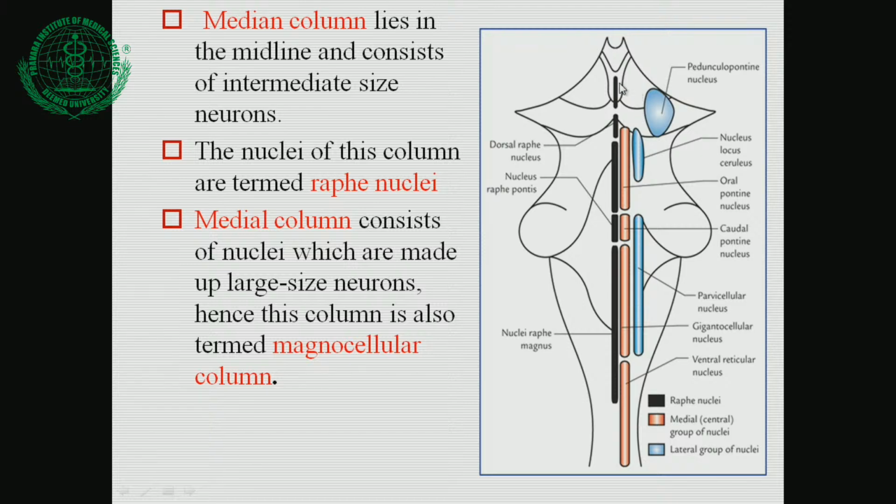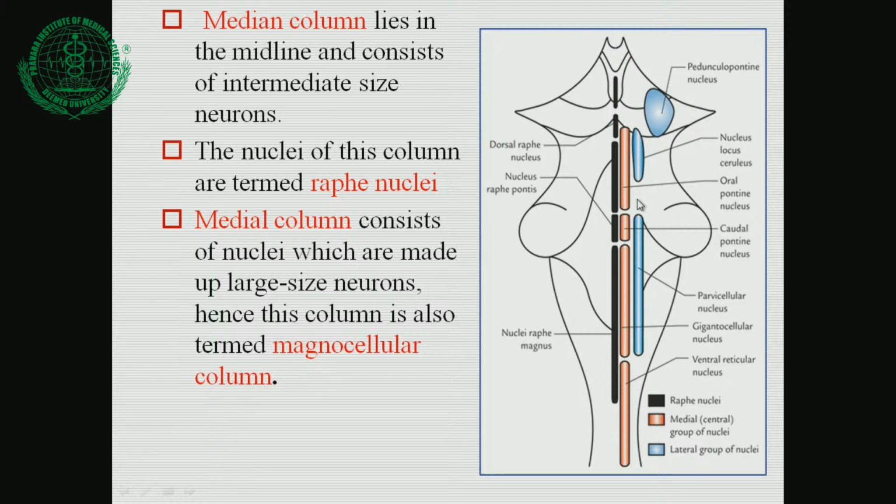So these are the 3 columns. The median column consists of intermediate sized neurons known as the Raphe nuclei. The medial column consists of nuclei which are large in size, known as the magnocellular column, and third, the parvicellular column, which is the lateral column present just lateral to these 2 columns.